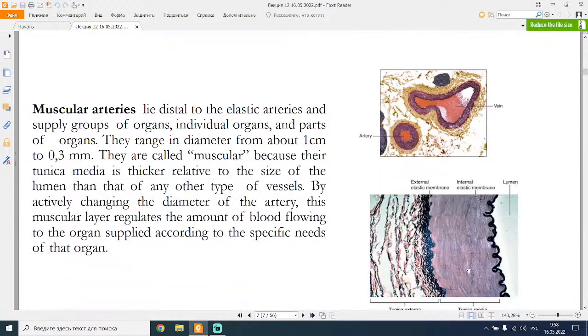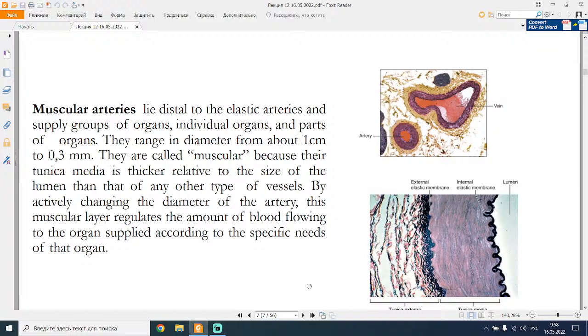Muscular arteries lie distal to the elastic arteries and supply groups of organs, individual organs and parts of organs. They range in diameter from about 1 centimeter to 0.3 millimeter.